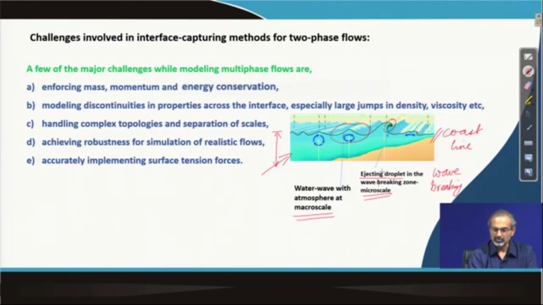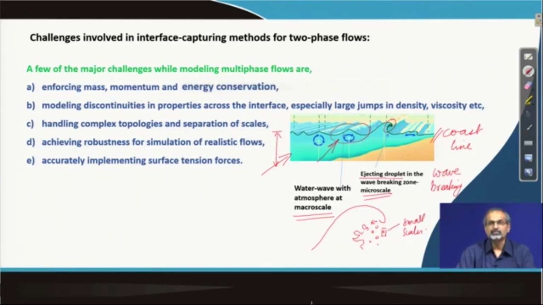If you zoom close into that region, what it looks like is structures of this kind, and there are droplets emerging in that region, and therefore you have very small length scales to cover. These are small scales which you have to cover, and they are much smaller than the scales we talked about in this region, which are essentially the macro scales.